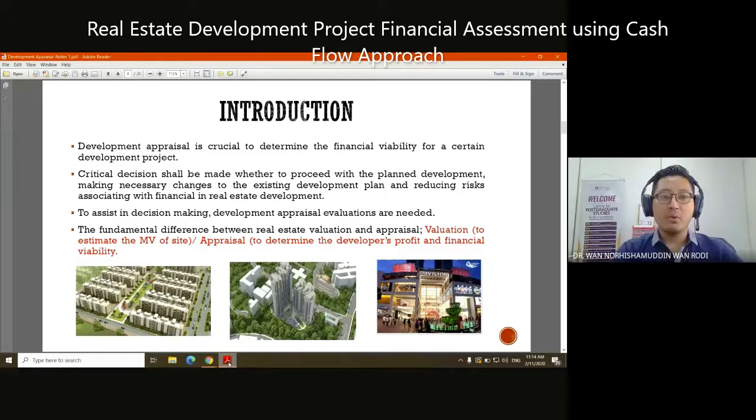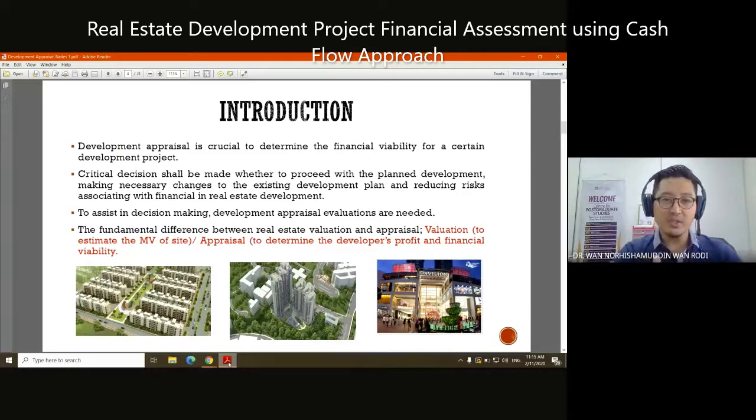Okay, the fourth one is the biggest fundamental difference between real estate valuation that we already learned last week, as compared with today's lecture on development appraisal. Valuation aims to estimate the market value of a site, while appraisal is conducted to determine the developer's profit and financial viability.